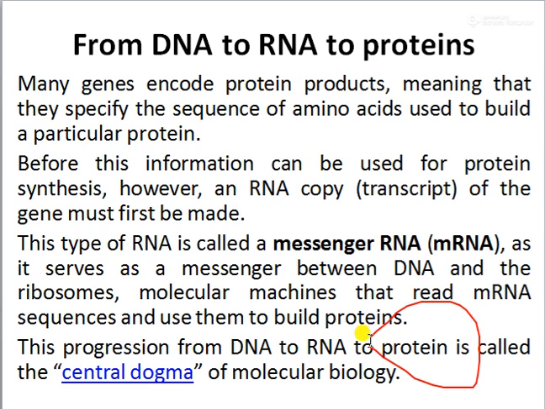So, this whole process in which DNA is first transcribed into messenger RNA, and then this messenger RNA leaves the nucleus, reaches the cytoplasm, attaches to ribosomes and is translated into protein, is known as the central dogma of molecular biology.